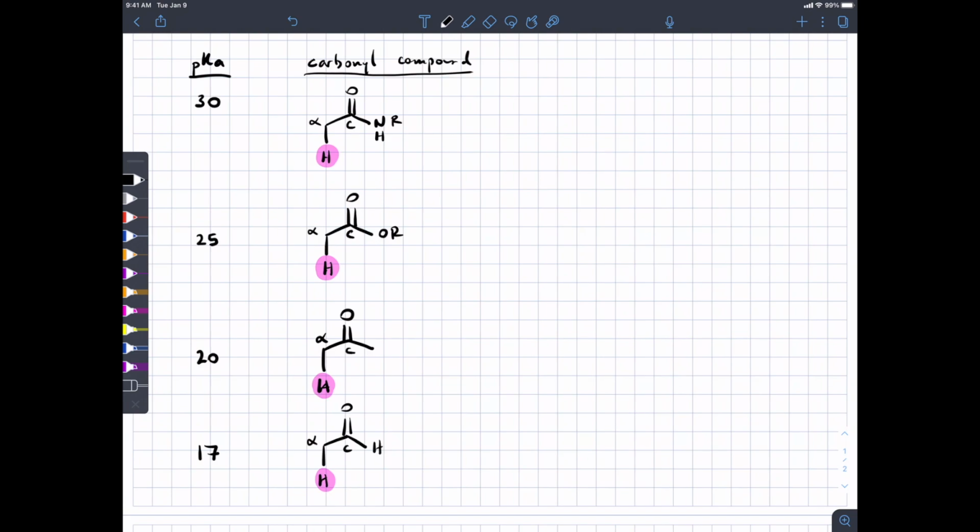So to explain this, let's consider resonance for an amide. We can draw a resonance structure for an amide in which we take lone pair electrons on the nitrogen and make a new pi bond between nitrogen and carbonyl carbon.